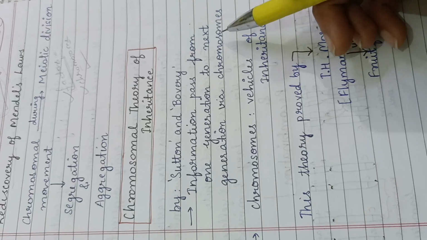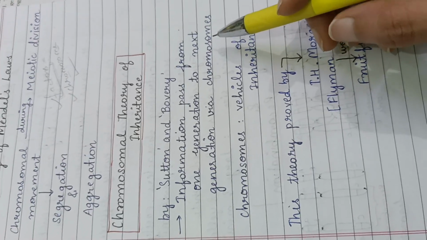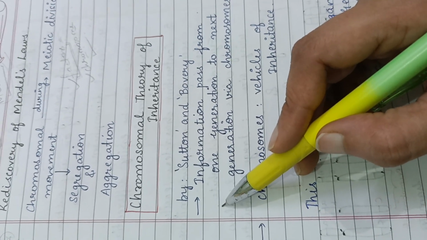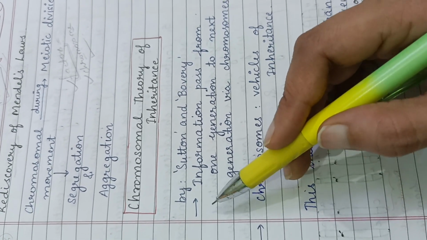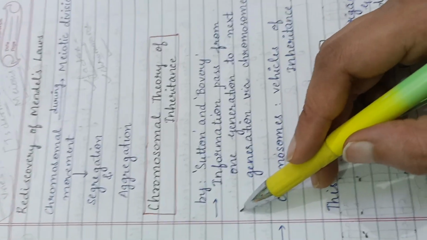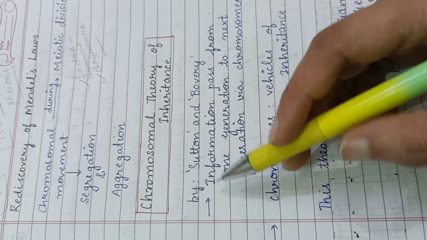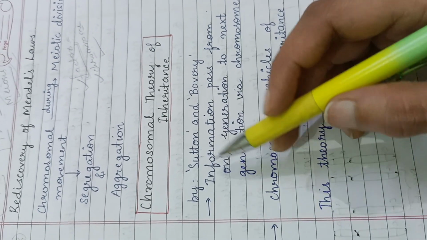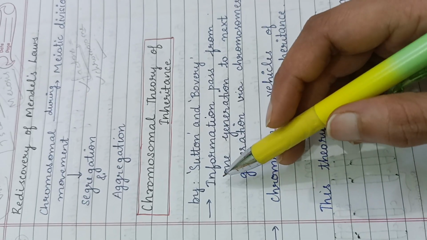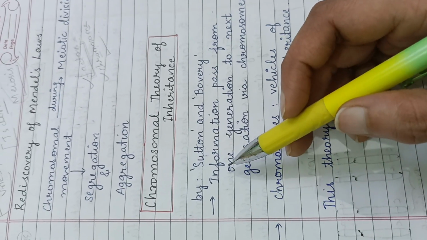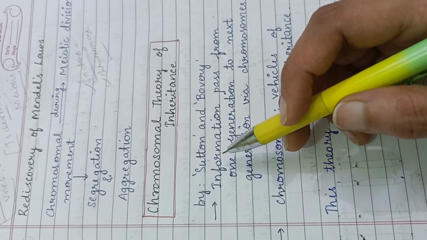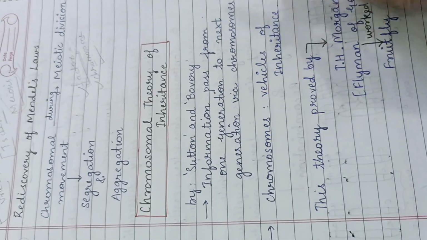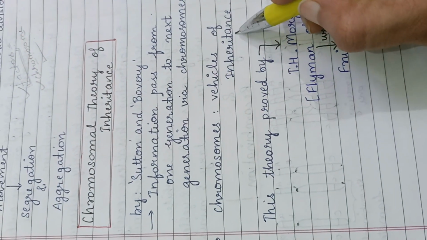Genes are located on chromosomes, and chromosomes occur in pairs. And during meiosis, homologous chromosomes separate. Each gamete receives one chromosome from each pair, and after fertilization, the chromosome number is restored. So therefore, chromosomes carry hereditary information from parents to offspring. That's why chromosomes are called vehicles of inheritance.